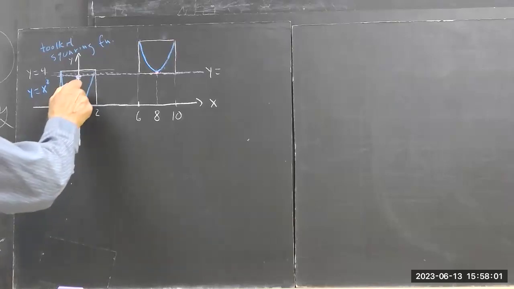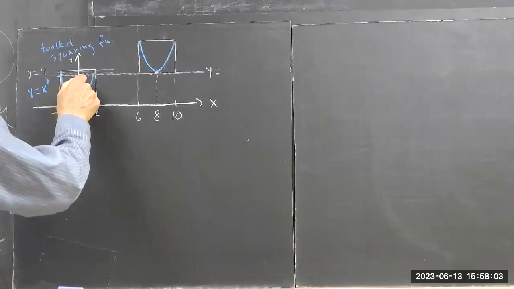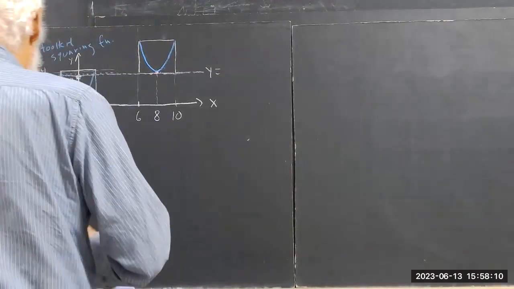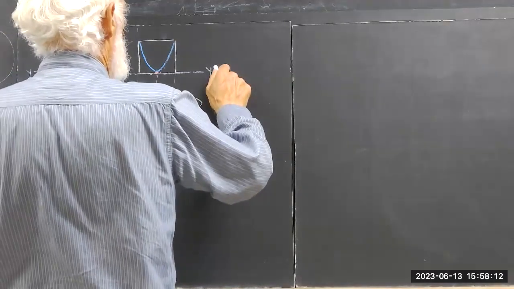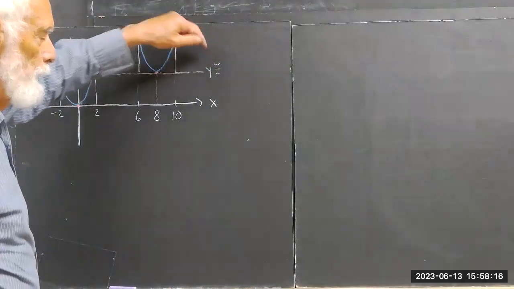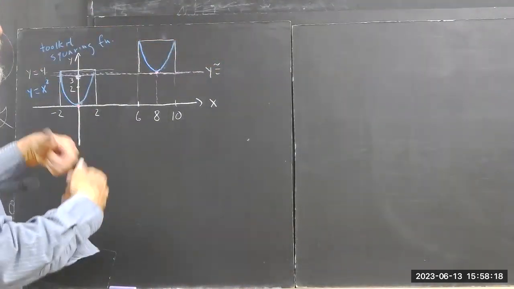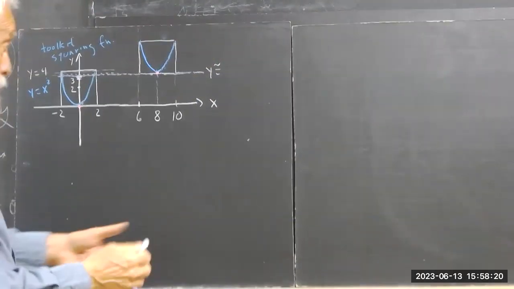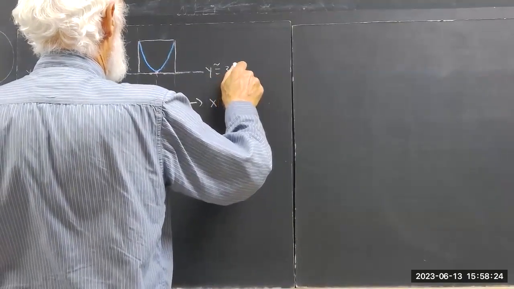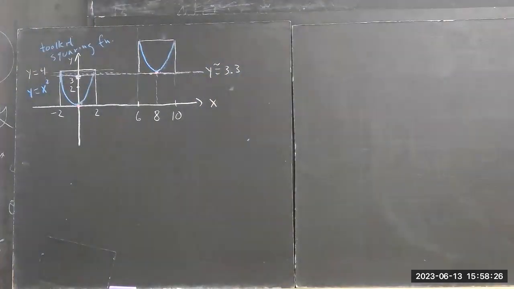Okay, if this is 2, then this would be 3, and this would be 4. So I'm going to say y is about, I'll use a little wavy thing above the equal sign to show this is an approximation. I've estimated it from my graph. Y is approximately 3.3 according to my estimate. Okay.